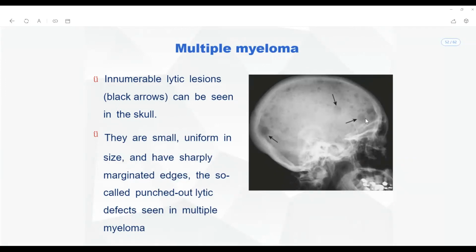Punched out lesions, skip lesions, and expansile soap bubble appearance are characteristic features of multiple myeloma. A simple soap bubble appearance is a characteristic feature of giant cell tumor. So let me share a picture of a normal giant cell tumor, compared to the expansile soap bubble appearance.